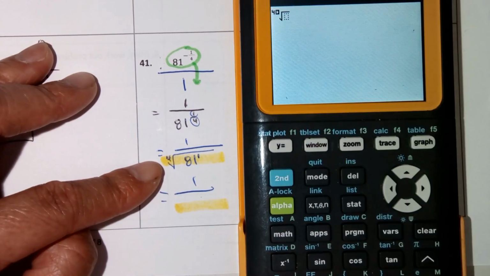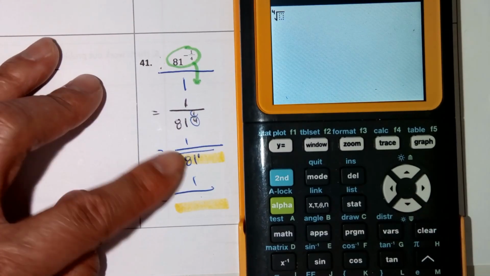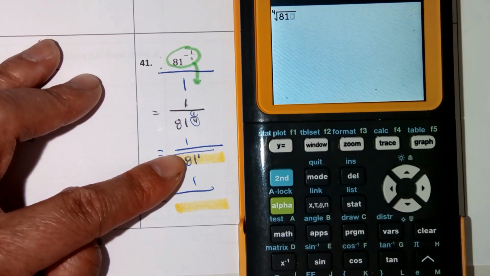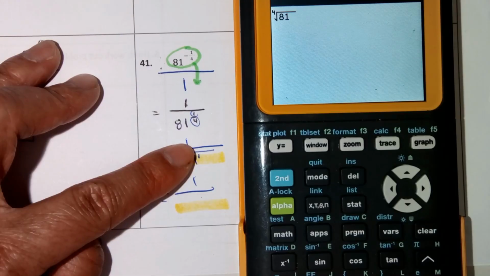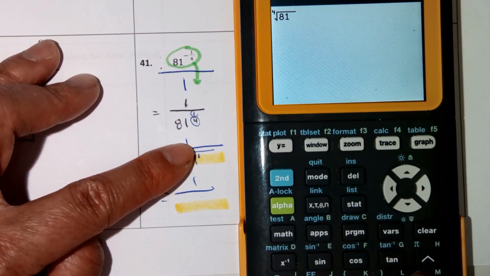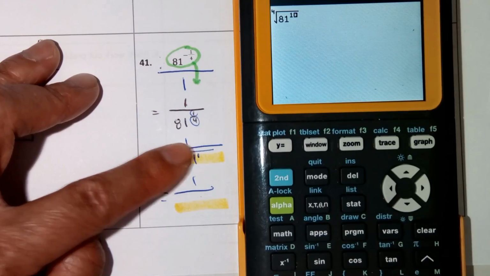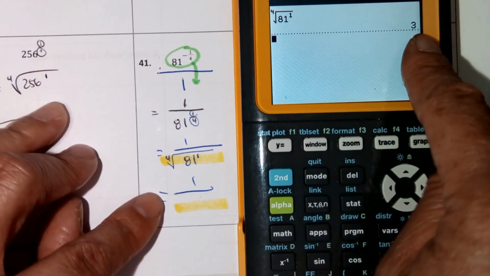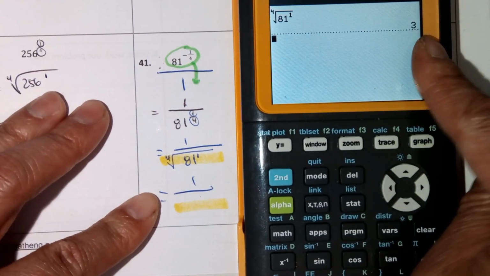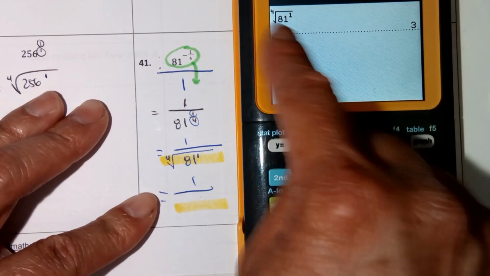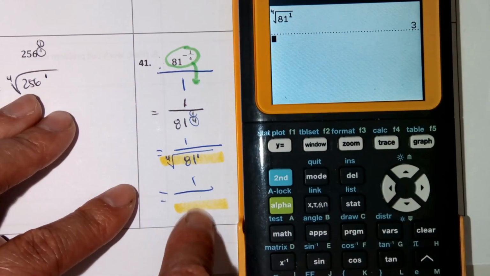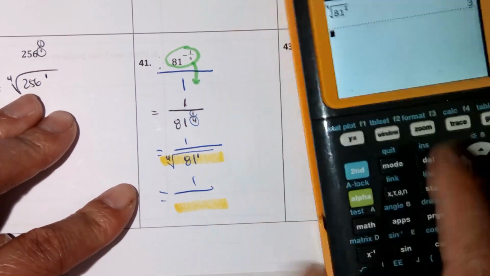My root or index is 4. Go inside by pressing the right key and then 81. Remember, anything to the first power is just itself, but you could write that if you want to. Just press enter and your answer is 3. Remember, the answer is not 3, the answer is 1/3. Let's put that there.